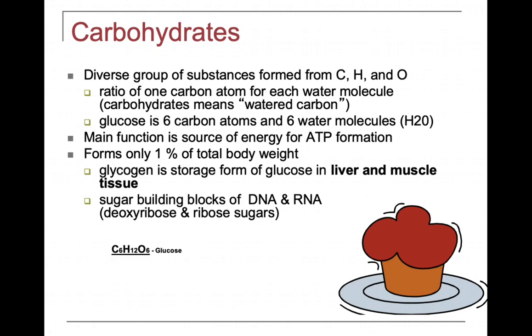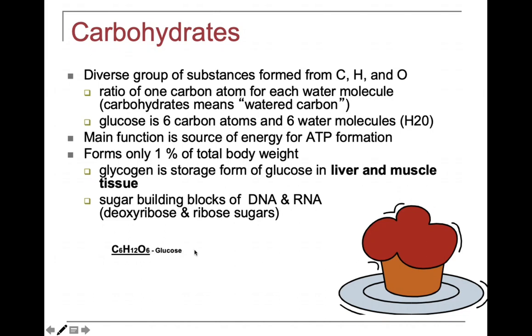It's the ratio of one carbon atom for each water molecule. The term carbohydrates literally means watered carbons. Glucose is 6 carbons and 6 water molecules, or 6 H2Os. Combined, that's C6H12O6, which is glucose.